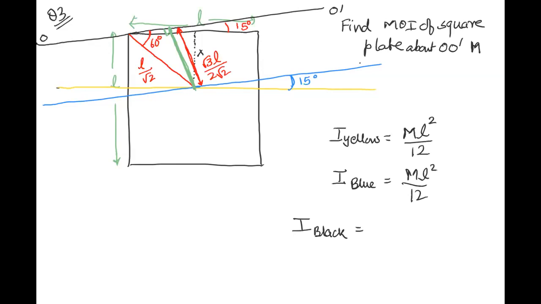So the moment of inertia about the black axis will be equal to ml square by 12 plus m into 3L square by 8, which will be equal to 1 by 12 plus 3 by 8.